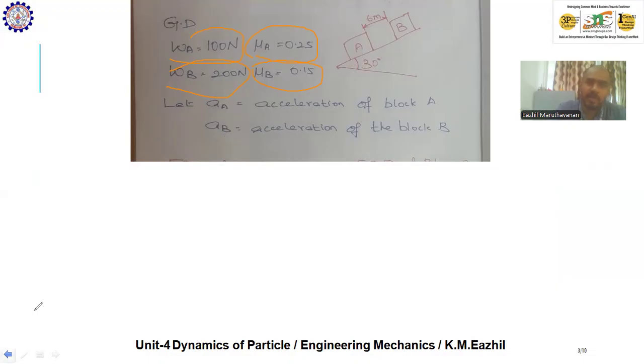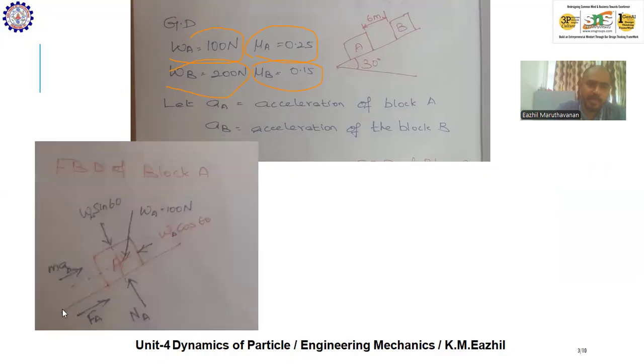Then we have to draw the free body diagram for the block A and block B. Let's start drawing the free body diagram for block A. The block A is at incline, we know that it is the incline here. As already said, the weight of the block will always act perpendicular to the ground plane. We have to draw the weight of the block perpendicular to the ground plane.